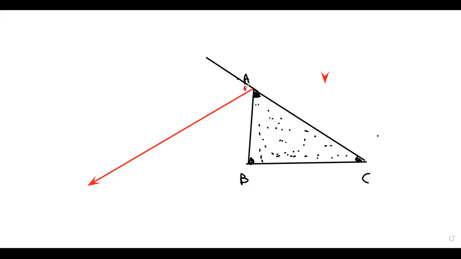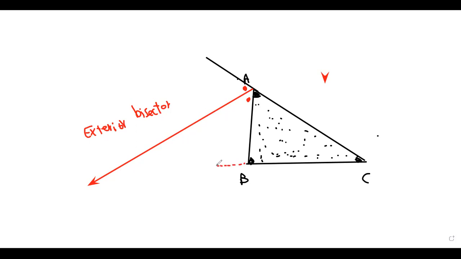This angle is equal to this angle, and this ray is called the exterior bisector.